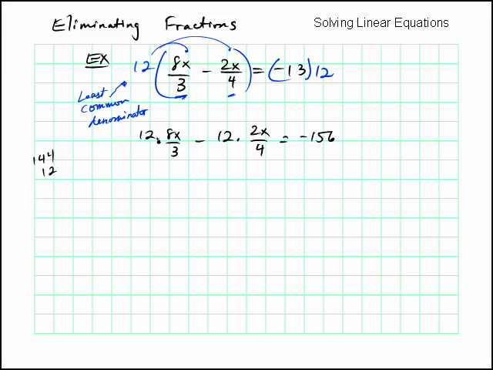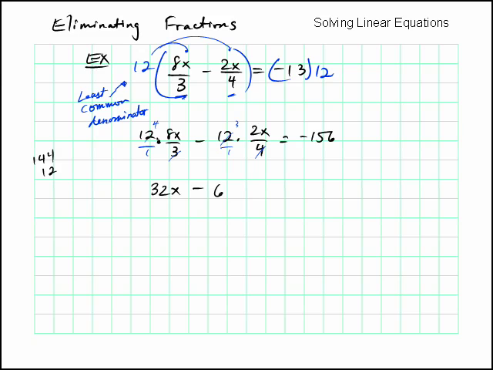Now, we have to multiply this fraction here. You could put 1s under these 12s if you want. 3 goes into 12 4 times. 4 times 8. This is going to be 32x minus, over here we've got 4, which goes into 12 3 times. 3 times 2x is 6x.